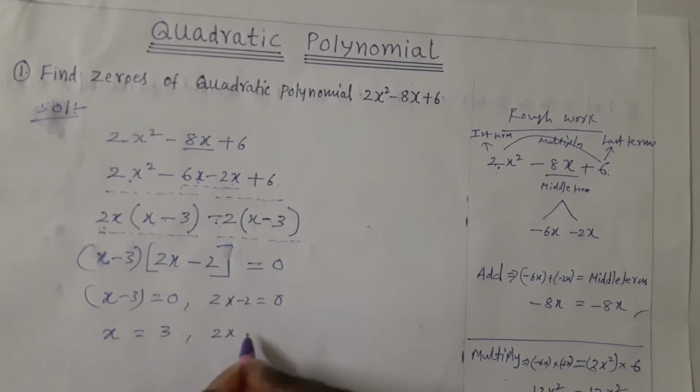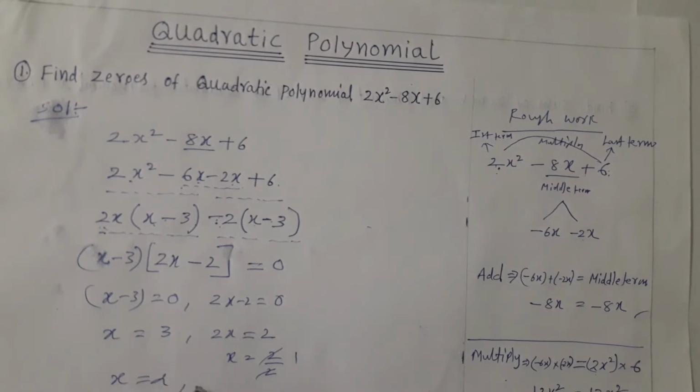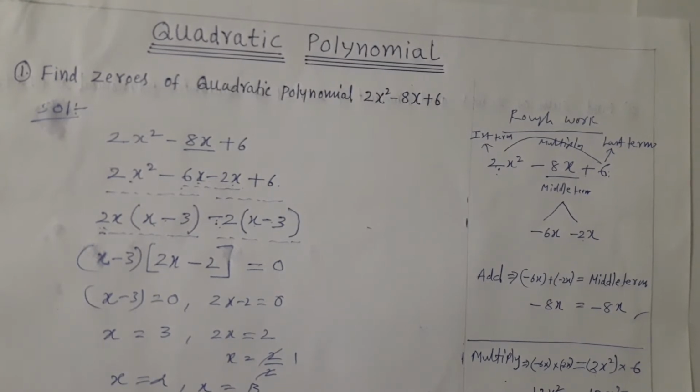Here 2x is equal to 2, x is equal to 2 divided by 2, that is 1. The first x value we call alpha, the second x value we call beta. Therefore alpha is equal to 3, beta is equal to 1.